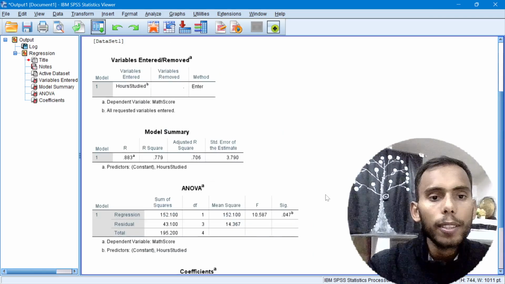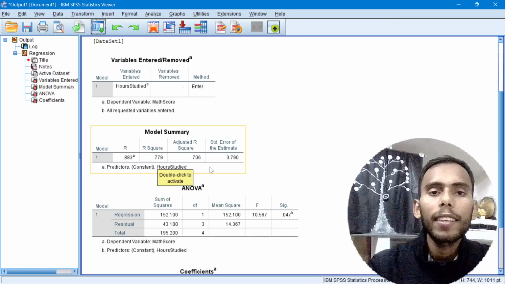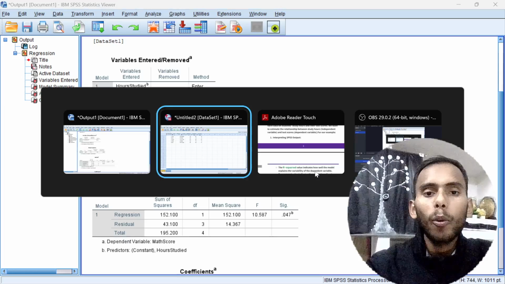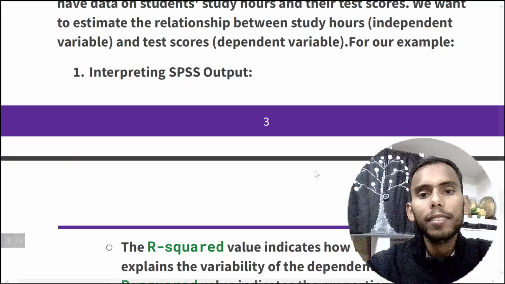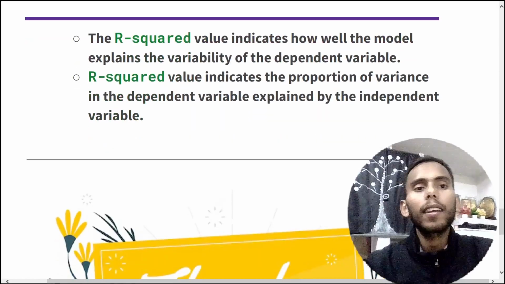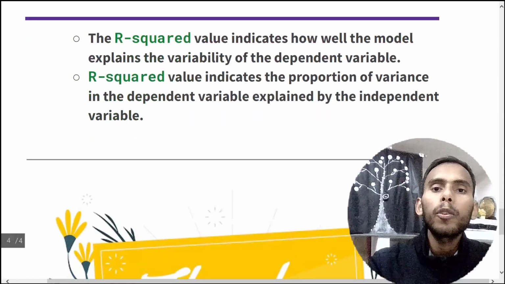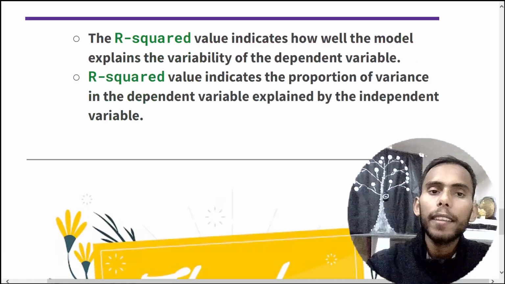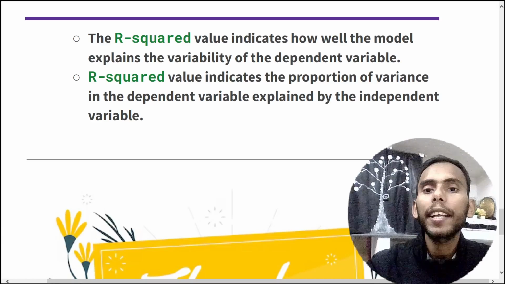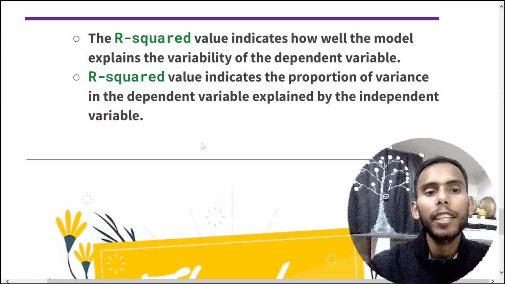if you talk about R square, because R square is very important in the OLS because it represents the goodness of fit. For example, the R squared value indicates how well the model explains the variability of the dependent variable. R squared value indicates the proportion of the variance in the dependent variable explained by the independent variable.